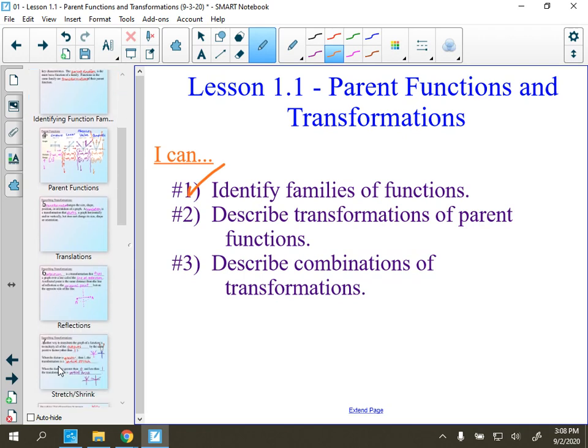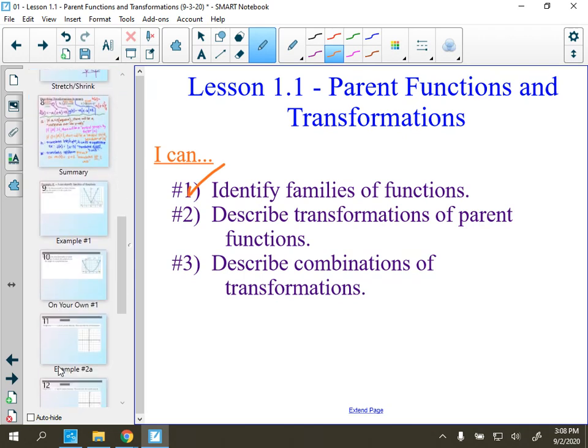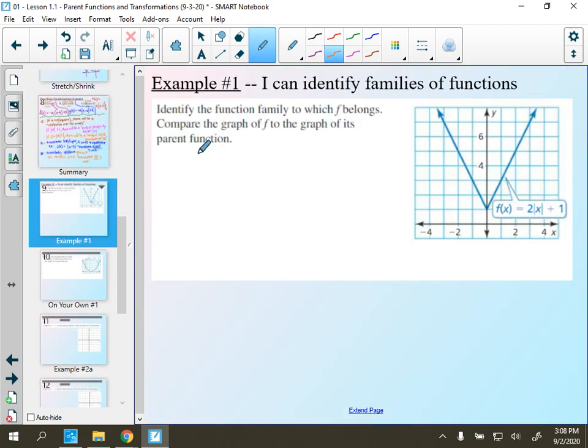So how do we do that? Let's take a look. That's what we have left here, given a graph, can I do that? So identify the family. There's 2 different ways to do that. If I have the graph, I can look at the graph and see, what did Mr. Kroll say earlier? I see a V, I need to think absolute value.